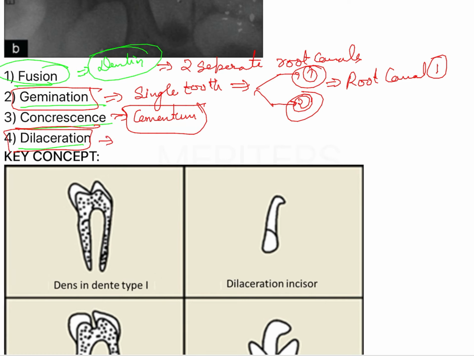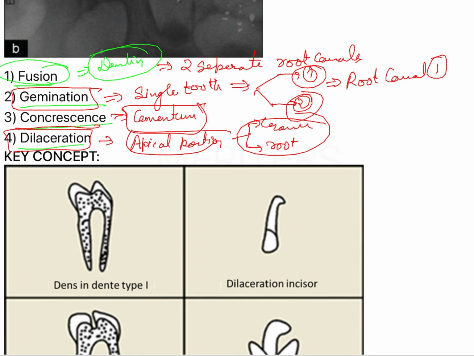Dilaceration is an anomaly where the apical portion, sometimes, or a portion of the crown generally bends out. Remember, whenever your crown is there, you can be given that the crown is bent, that is also fine, or the portion of the root is bent, that is also fine. So do not get confused by these terminologies. Actually, there has to be an abrupt bending also.